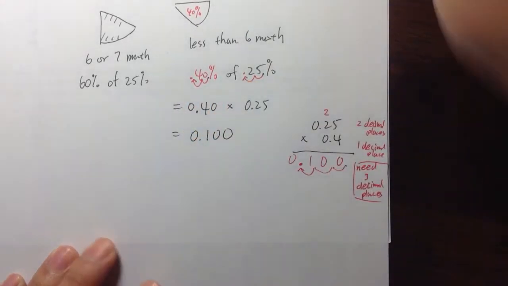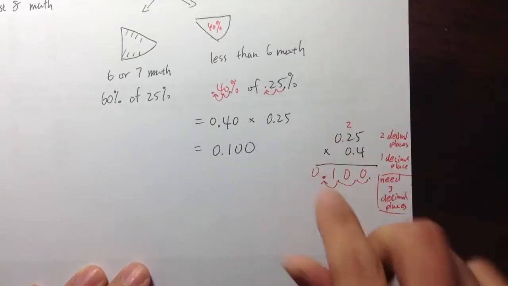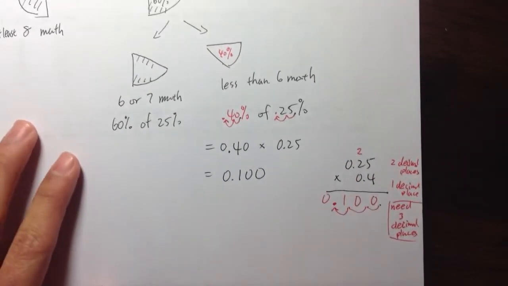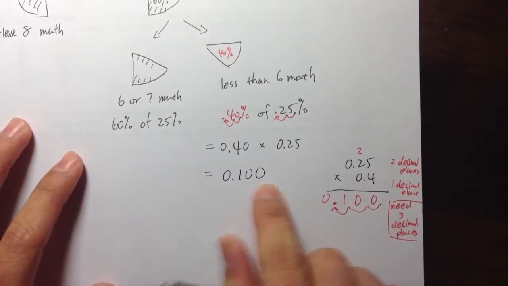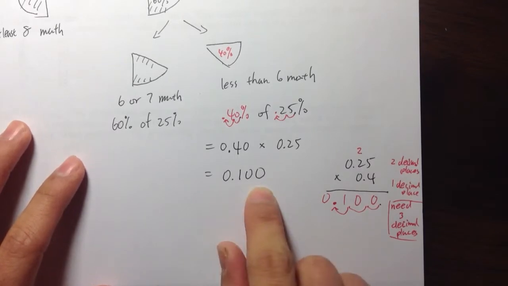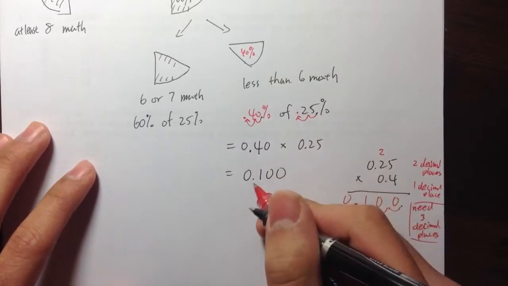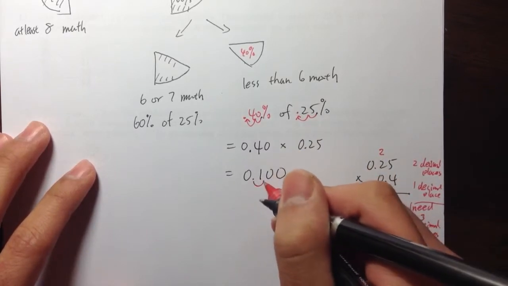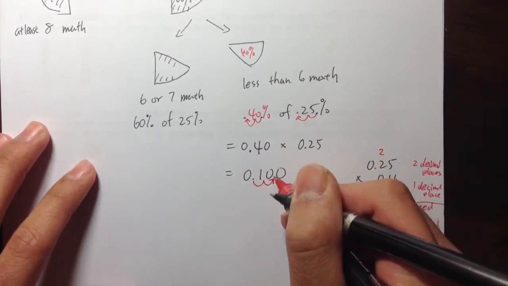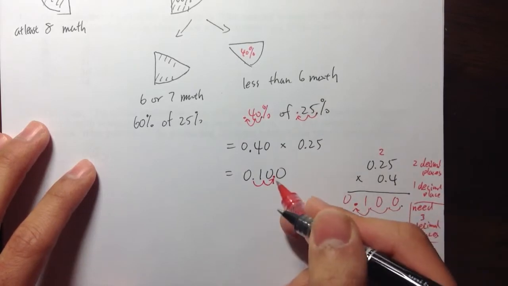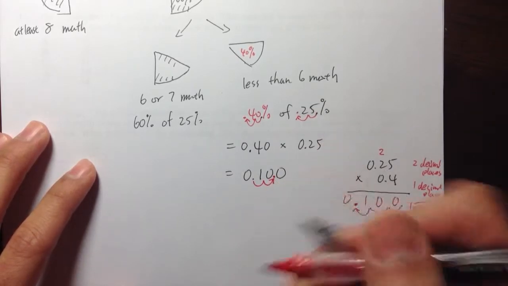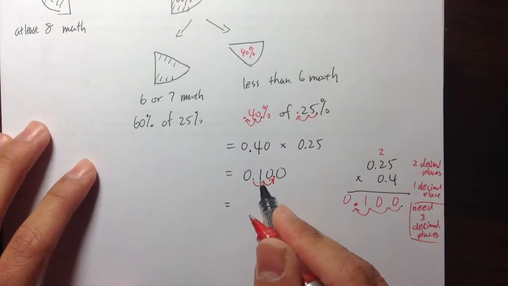0.100. And if you take a look at the answer choices, we want percent. This is decimal, so we need to change this decimal back into a percentage. What we can do is take this decimal point, move it once, move it twice to the right, and I'm going to put my new decimal point right there. And then this is going to give me 10, right?